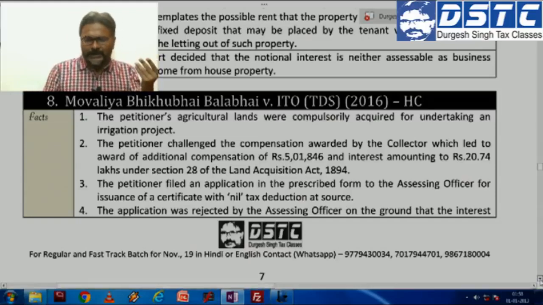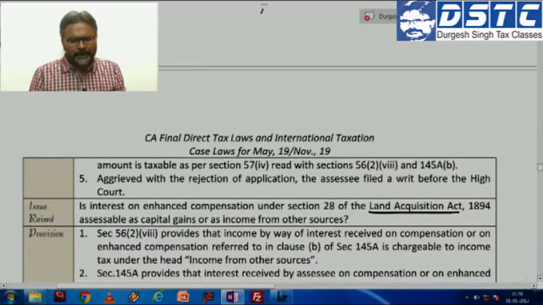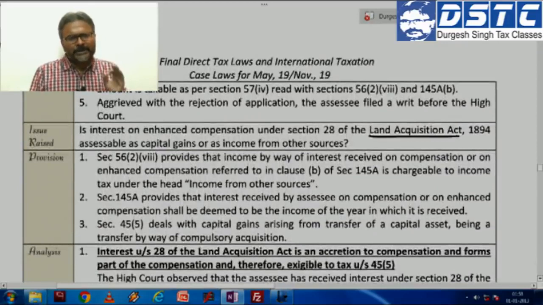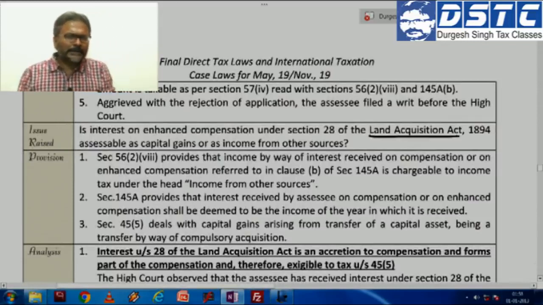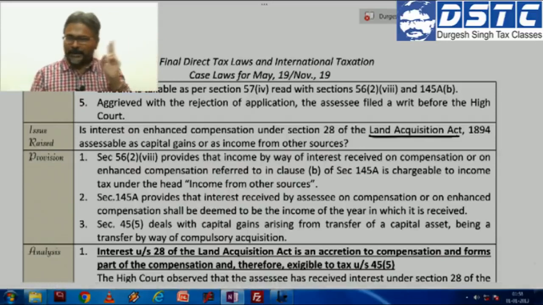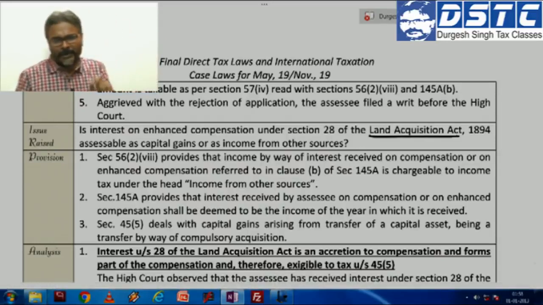So the application of the assessee was rejected, the matter went into the court, and the court held what? That in this category, the interest which has been paid by the authorities was towards the accretion of the compensation, because it is under section 28 and not under section 34.